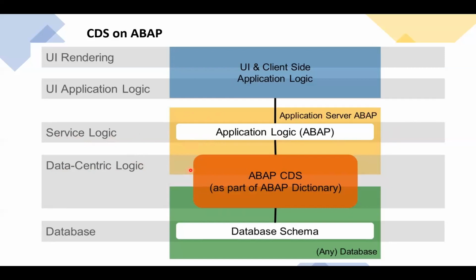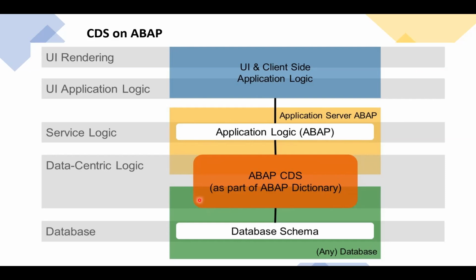Both are in application logic, which is our ABAP layer. And this orange box here is the interesting thing. This is not a separate layer. This is covering both the ABAP layer and the database layer.